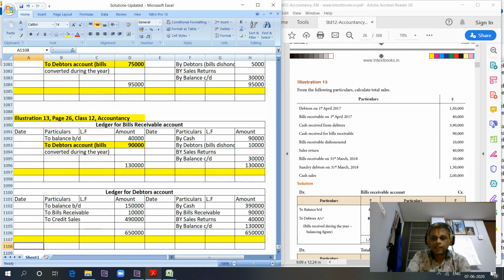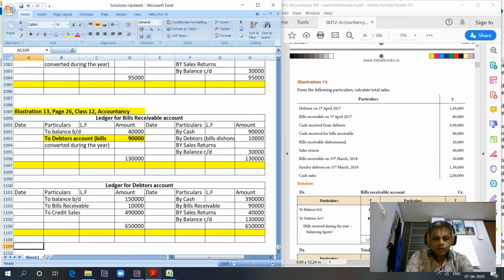Then let's calculate the total sales. Cash sales during the year is given here, 2 lakhs.